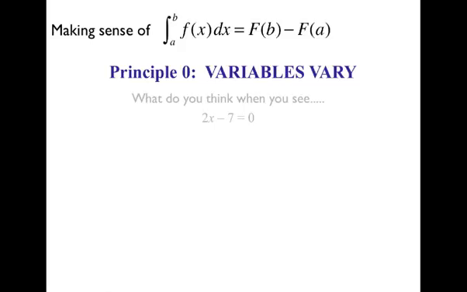Variables vary. So when you see this equation, 2x minus 7 equals 0, what do you think? X is 3.5. Is that what you thought too? Did anyone think x is 3.5?